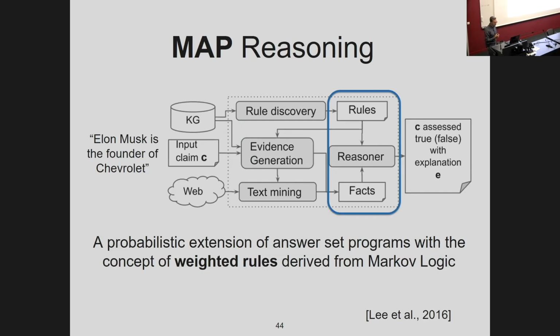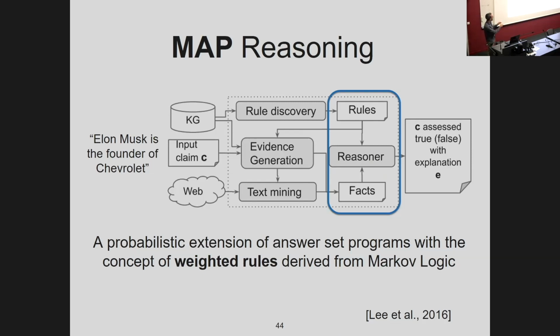Okay, so here we use the most probable stable model of these weighted rules. We exploit some work from a colleague at ASU, and we have a reasoner that takes all these rules with their confidence. We take the facts with their confidence.